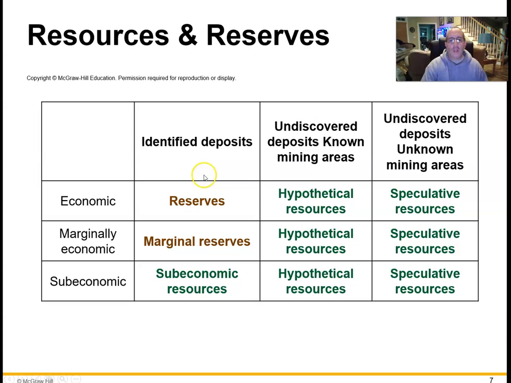Okay, so reserves have been identified. If they haven't been identified for sure, they're called resources. In this column, it's called a hypothetical resource. This column is called a speculative resource. The difference is these are undiscovered in areas that we've already done some mining and we know that material is there.